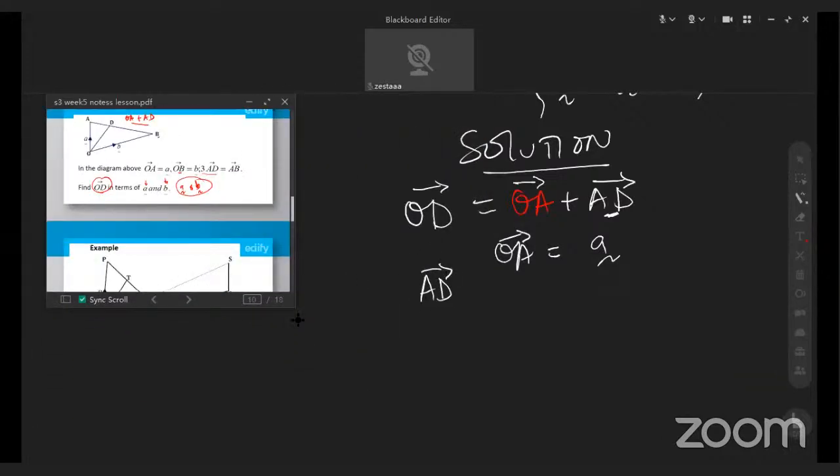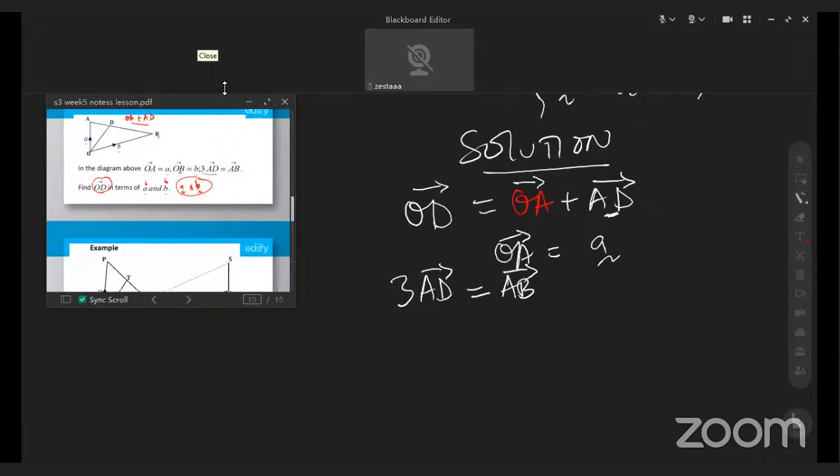But remember that they told us in the question that 3AD is equal to AB. Ronald was also saying someone would get OB plus BD. It is also okay. That's why I was asking for other options as well.